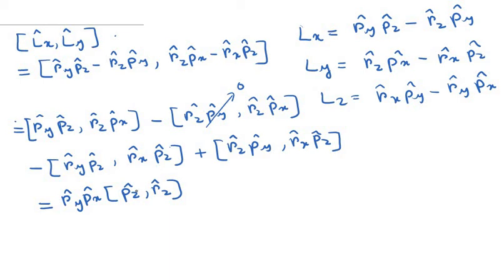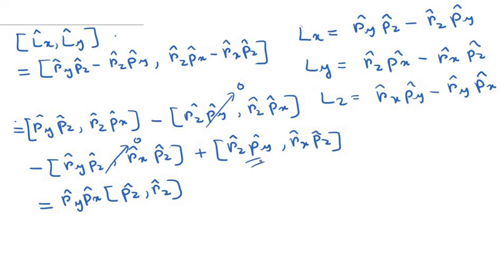Now let us go to this third term. Here again, by the same logic, this ry commutes with pz, rx commutes with pz, and this pz commutes with rx and pz, and this ry also commutes with rx and pz. So this again goes to 0.